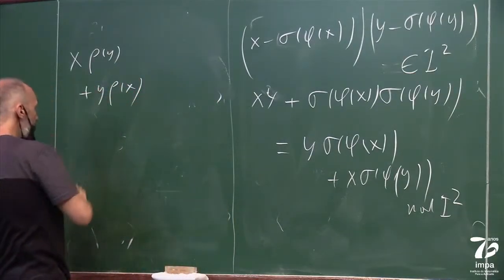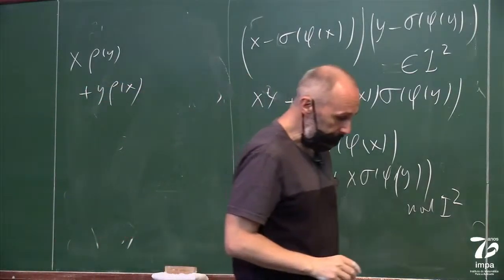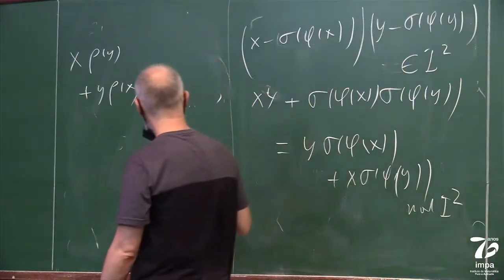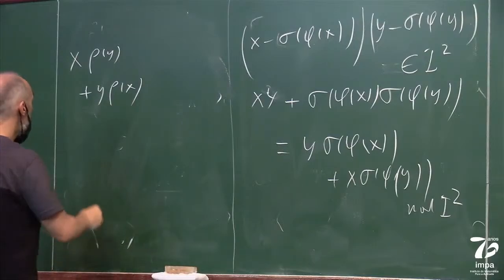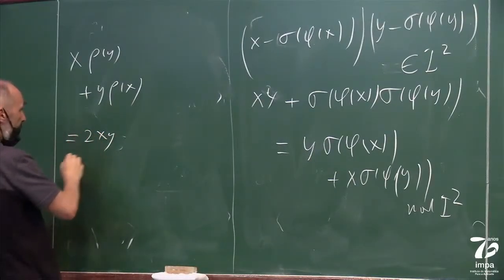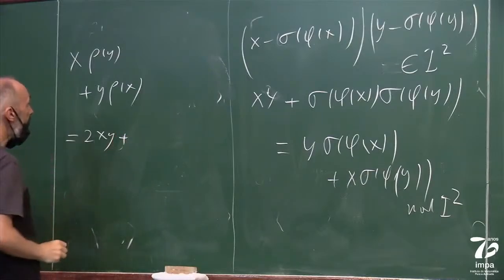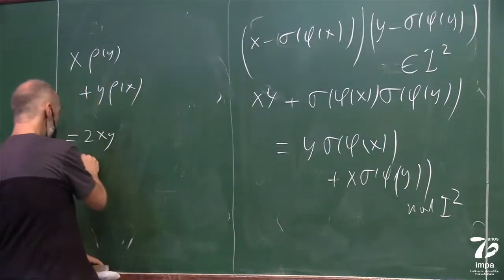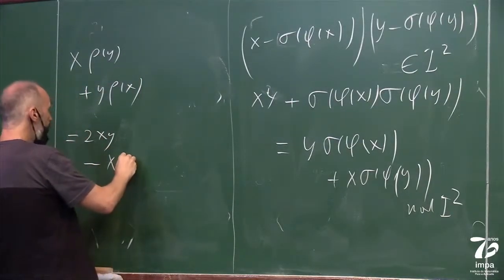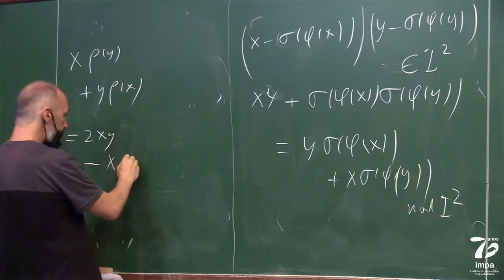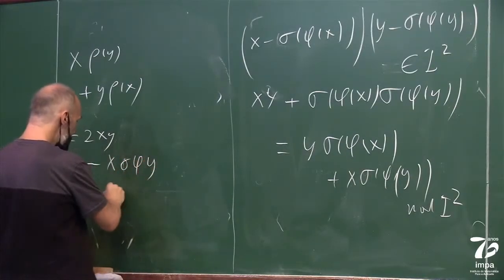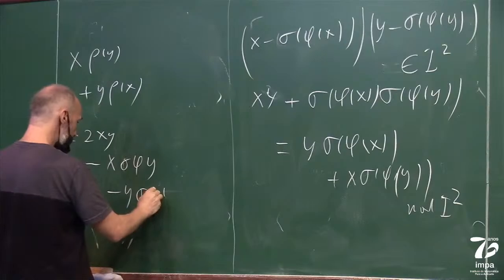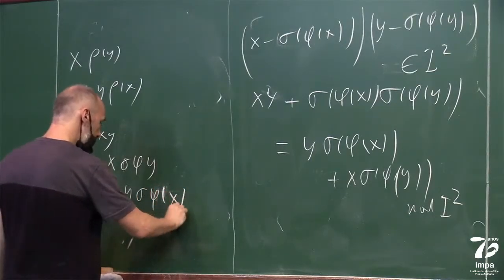But 2 of these terms coincide: there are 2 times xy here. So this is equal to 2xy, and then you have minus these 2 terms, minus x σ of φ of y minus y σ of φ of x, right?